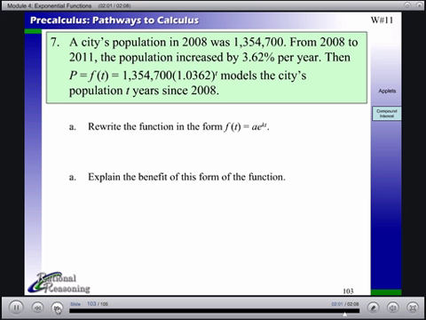For each, in addition to the questions that are there, I've got one more question for both numbers, 7 and 8. So after you do each part, actually on 7 you can just change part B to this.